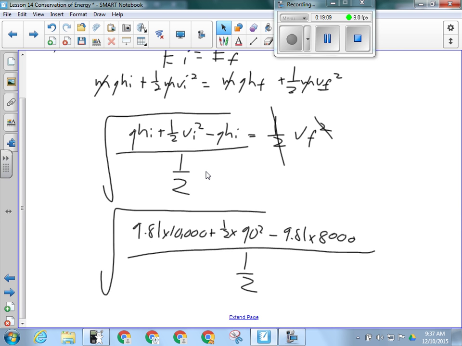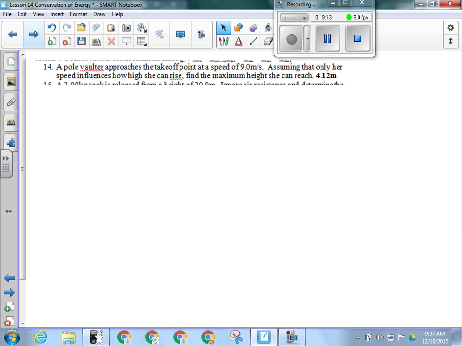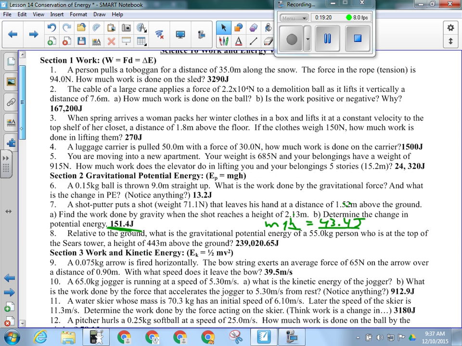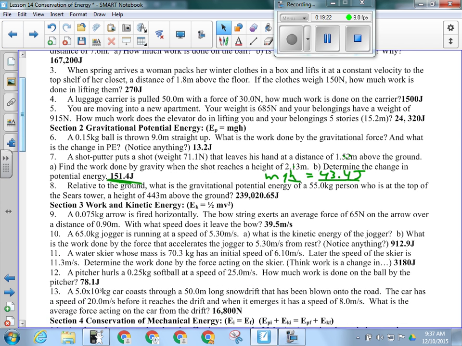Kira, which question was that with the shot putter? Question number 7 on the first side is really poorly worded. It says a shot putter puts a shot that has a weight of 71.1 newtons. What's weight again? Which force? No, kilograms isn't weight. Kilograms is mass. Weight is newtons.